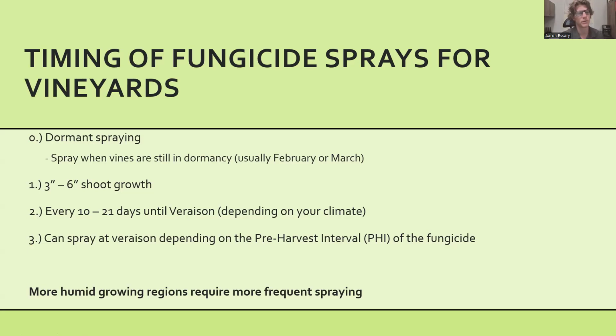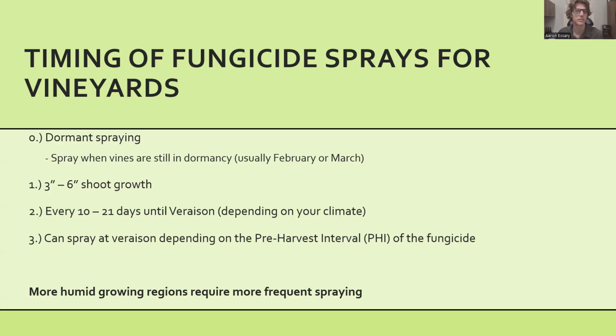So I started with zero. Zero is a dormant spray. You spray when the vines are dormant, February, March, up to you. The first real spray occurs somewhere between 3 to 6 inch shoot growth. And then you want to spray again, loosely depends on your environment, every 10 to 21 days up until veraison, depending on your climate.